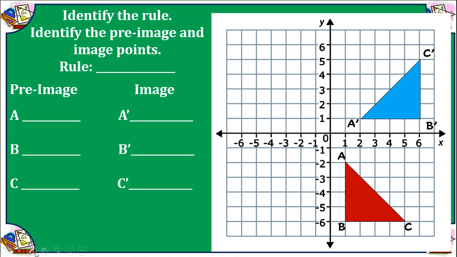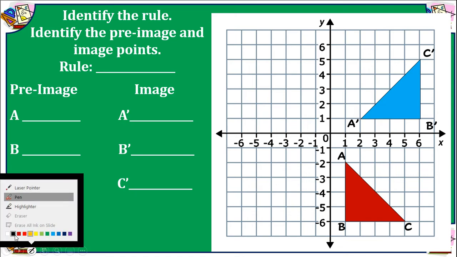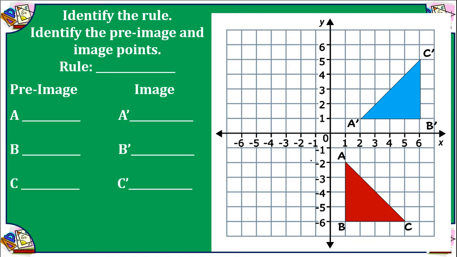Okay, let's get started and do some practice. Here we have our pre-image in quadrant 4. A is (1, -2). B is (1, -6). And C is (5, -6).